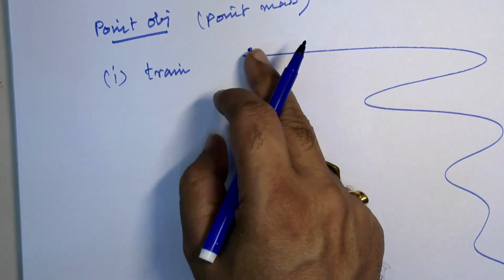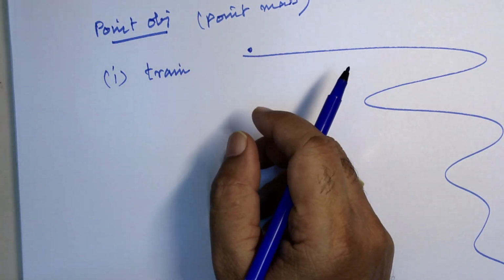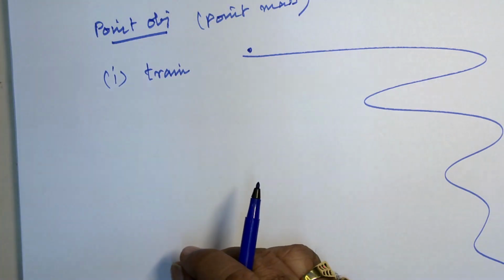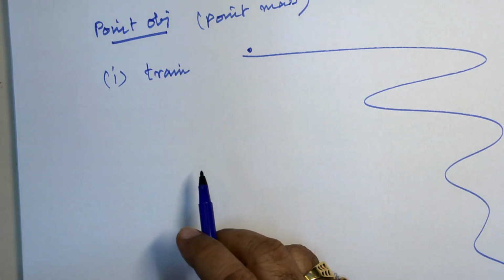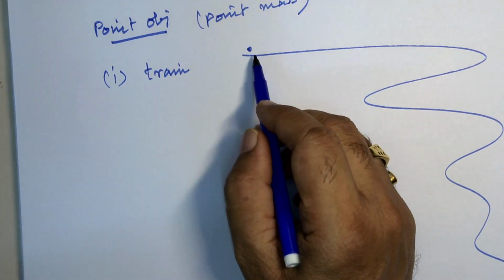I hope now you should be able to understand this. Prisha, do you understand? Yes, sir. Basically, it is the size of the object compared to the distance that it has traveled. Yes. If the distance is more than the size, then it is a point object, point mass.